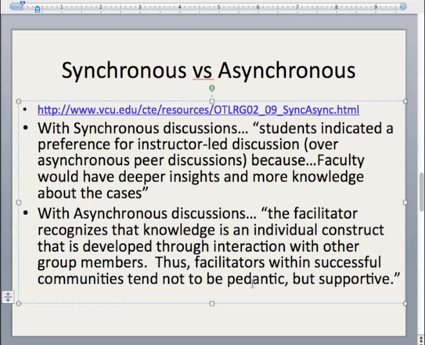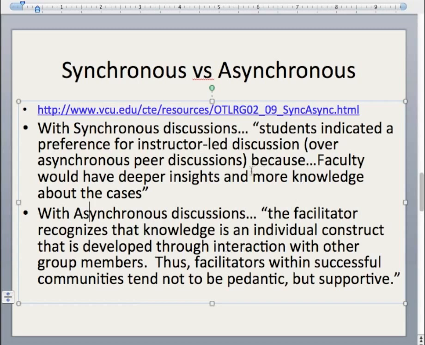Thus, what tends to happen in an asynchronous threaded discussion is that students have the opportunity for more guided progression of their growth, as opposed to in the synchronous where yes, the instructor will listen, but then it comes down to, okay guys, here's what I'm hearing, or guys, you're really trying but you're missing the point.